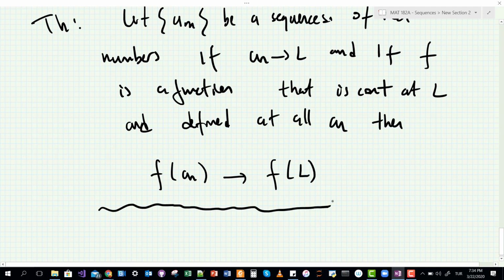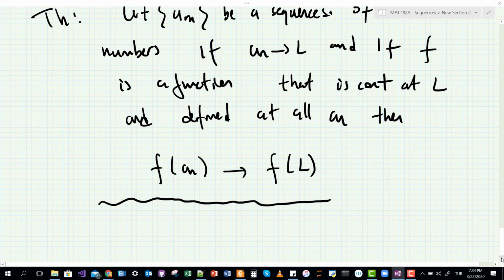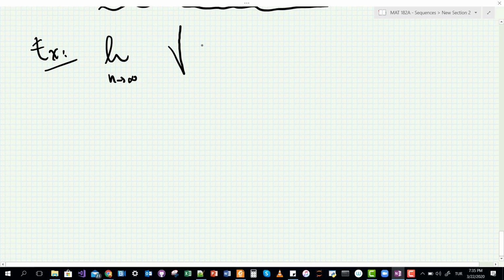I'm going to show you how to use this theorem to solve some problems. Look at this example. Let's see one of the square root examples. I have the square root of (27n plus 5) over (3n plus 7).